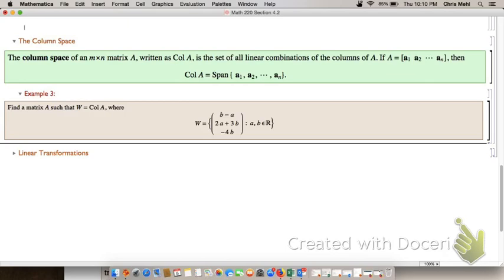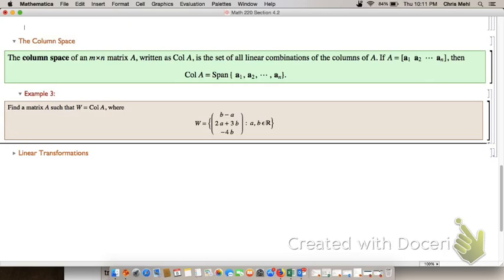Okay, we're going to find a matrix A so that W equals col A, where the set W is defined to be the set of vectors of the form (B minus A) in the first row, (2A plus 3B) in the second entry, and (minus 4B) in the third entry.